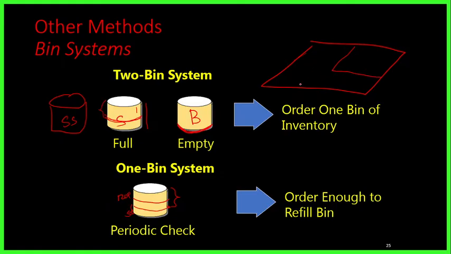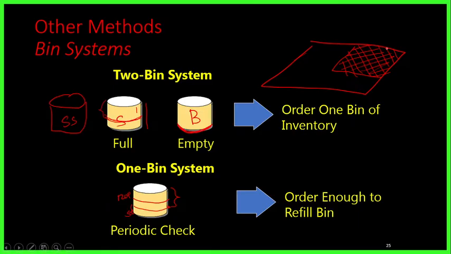Kunyari, warehouse tayo ng mga soft drinks. So may mga cases ng soft drinks dito. Once na naubos yung mga soft drinks dito, that's the time we are going to order. And the soft drinks that are stored on this area will be equal to your lead time usage.